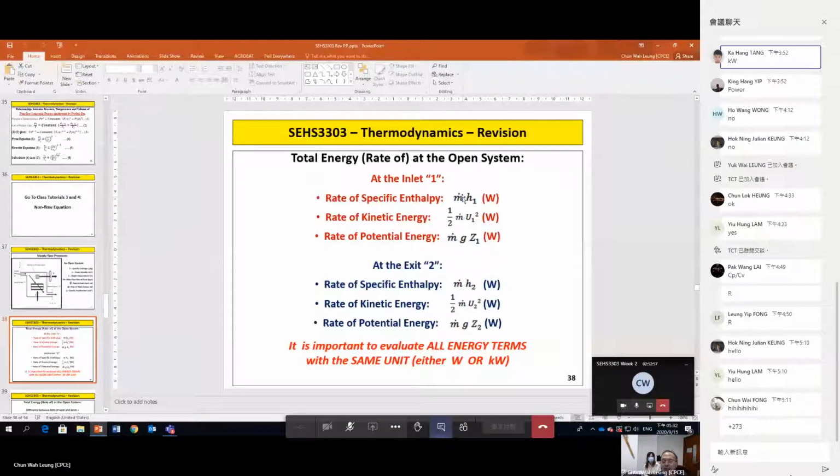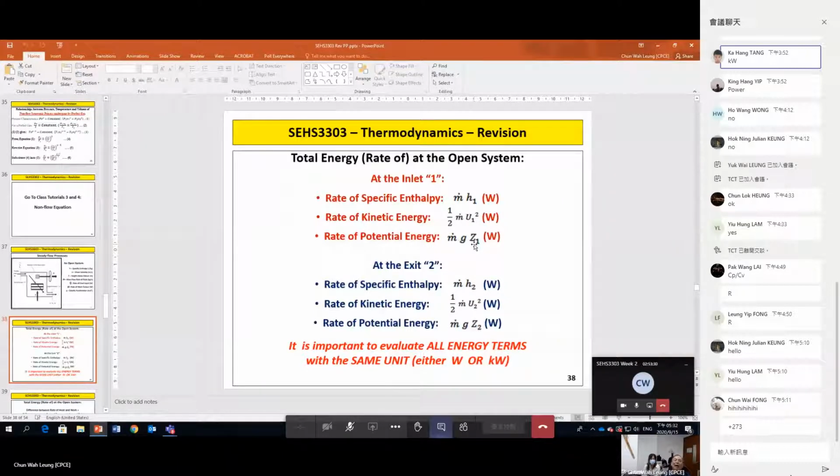Enthalpy is the mass flow rate times H1. Kinetic energy is the mass flow rate times half of U1 squared. The potential energy is the mass flow rate times g, the gravity, 9.81, times the height, Z1, above the datum.